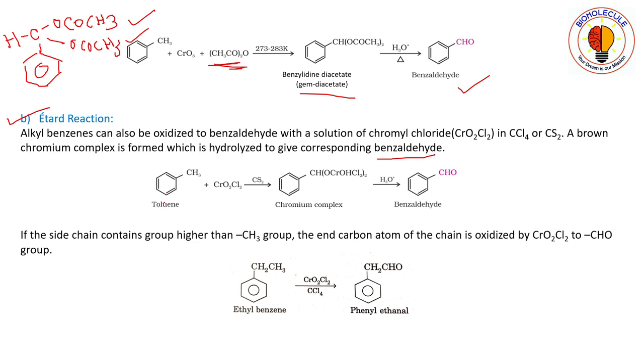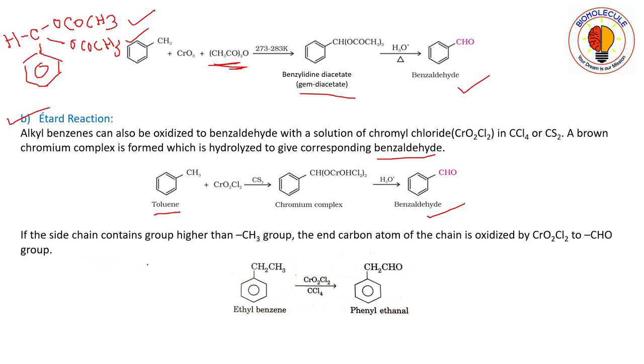So you can see here this one is the toluene, and this is the brown chromium complex, which is important for your NEET exam. Toluene with chromyl chloride gives you a brown chromium complex, and further hydrolysis of this brown chromium complex will give you benzaldehyde.